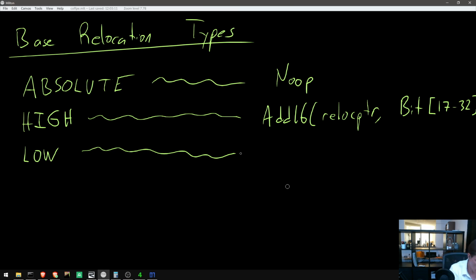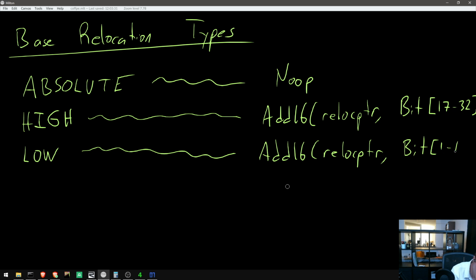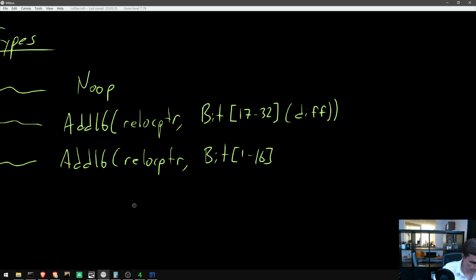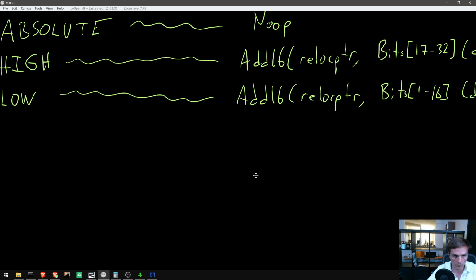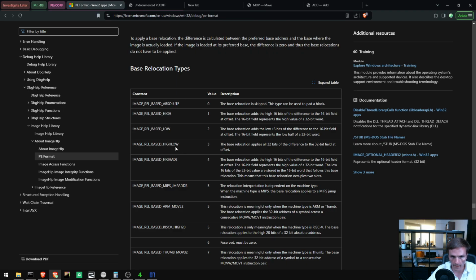This is the same thing again, except we're looking at bits 1 through 16 now of the diff. High-low.